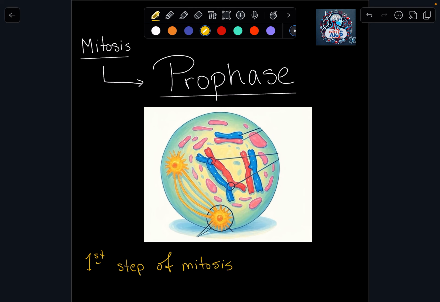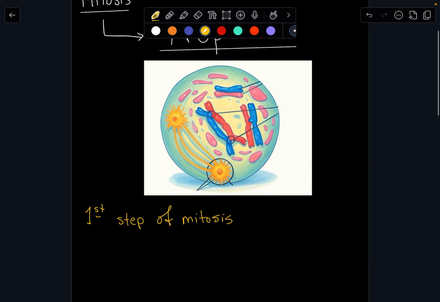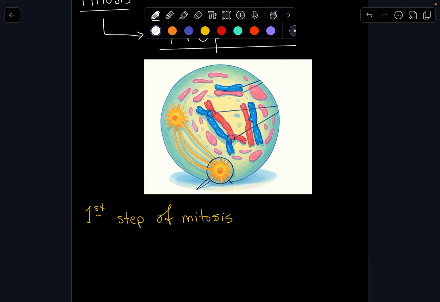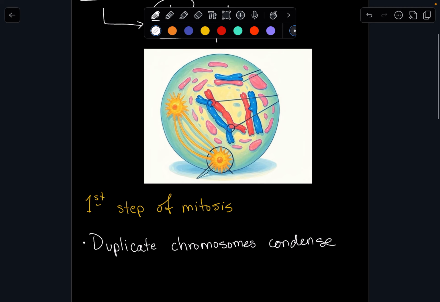Well, first thing that we're going to see is chromosomes. We're going to see duplicate chromosomes condensing, and what that means is that they become visible.